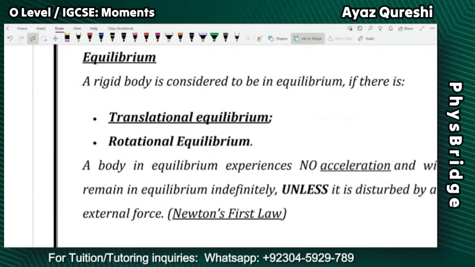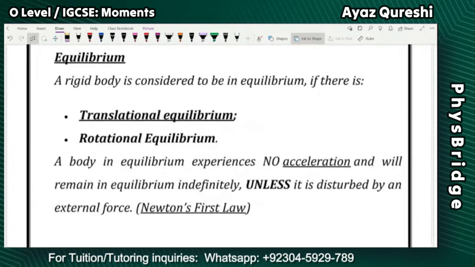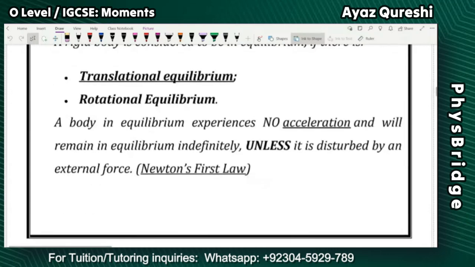That is equilibrium. Equilibrium is actually when your body is under the influence of some forces, and those forces are balanced. The body is considered to be in equilibrium if it has no rotation and no acceleration.